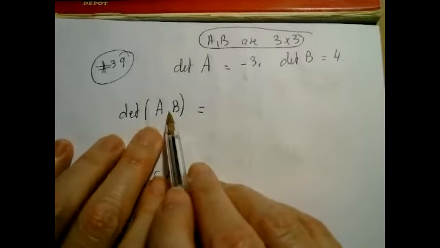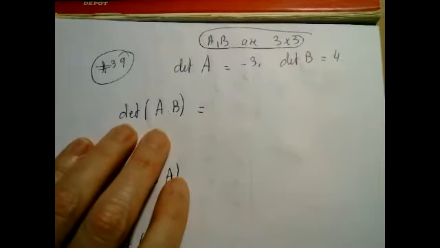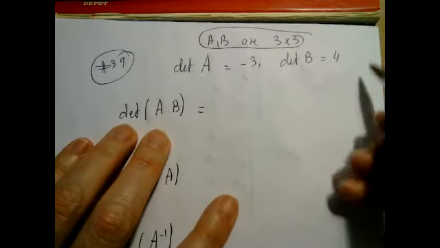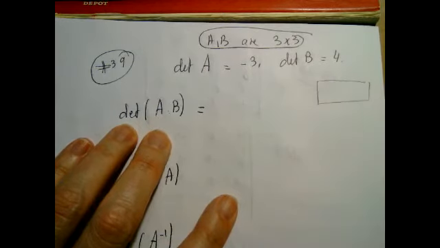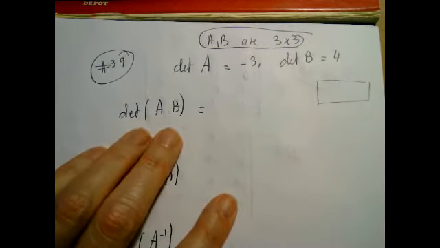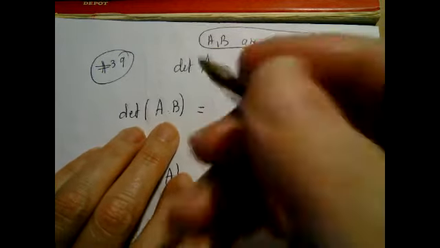So if you multiply two matrices, what happens to the determinant of the product quickly? I'm sure that Professor Tarfolea talked about that. What's the determinant of the product?